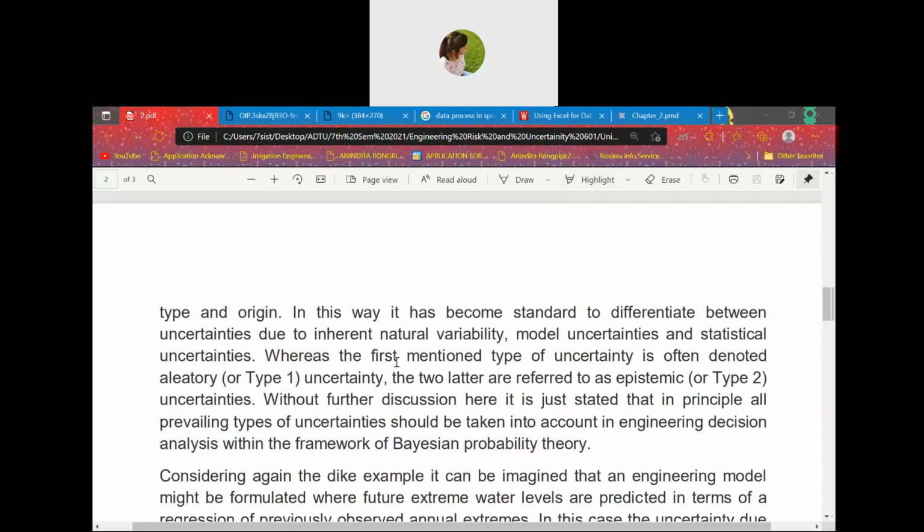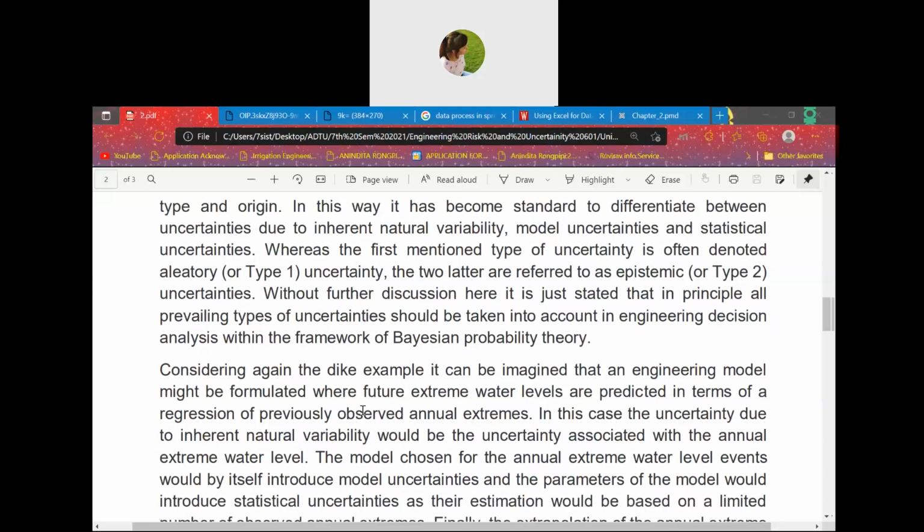Next, we'll again consider the example of the dike. Using the example of the dike, we can imagine that an engineering model might be formulated where future extreme water levels are predicted in terms of a regression of previously observed annual extremes.